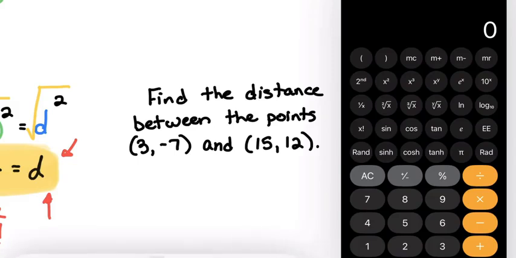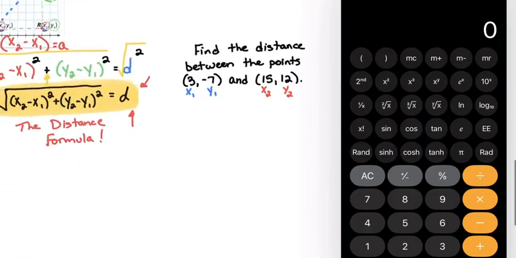So let's call this one x1 and y1, just because those came first in the problem. There's really no better reason than that. Let's call these x2 and y2 because those came second in the problem.